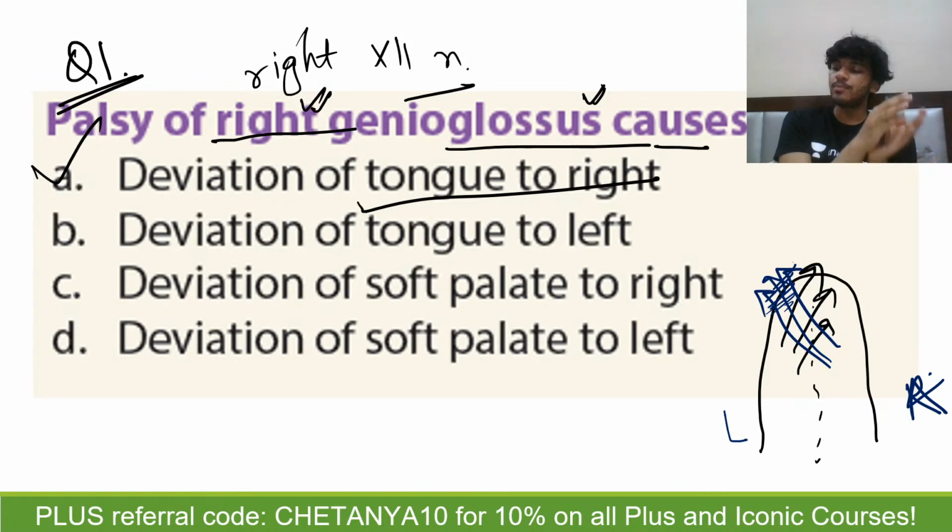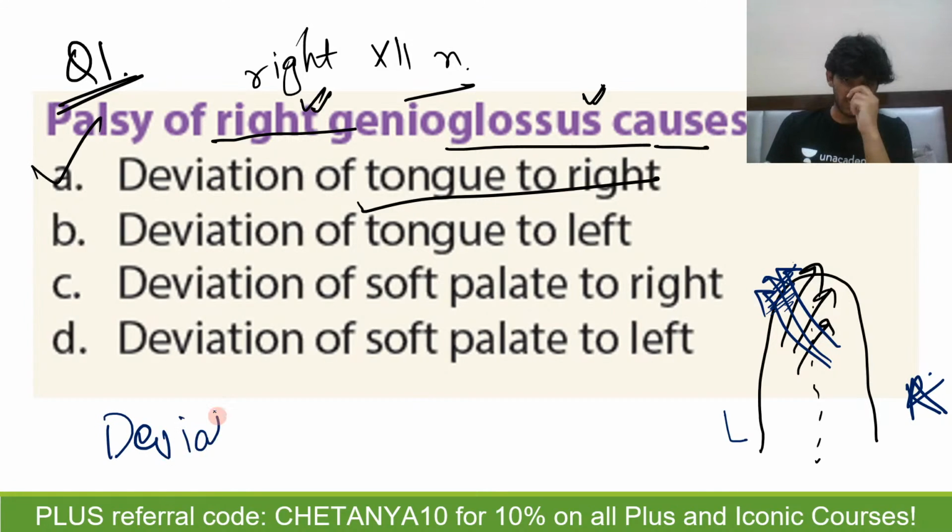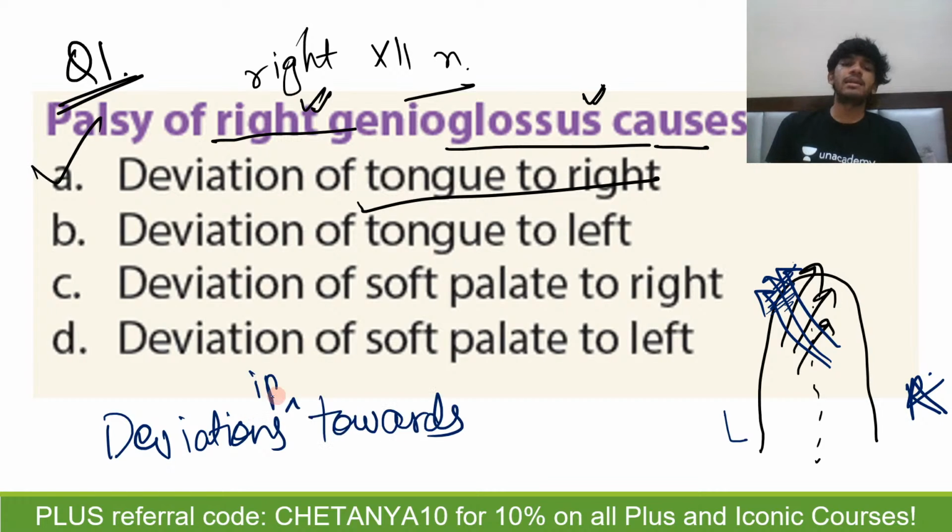What is special here about the hypoglossus is that the deviation is towards the abnormal side. So the deviation is towards the side of the lesion. This is called ipsilateral deviation, towards the lesion.